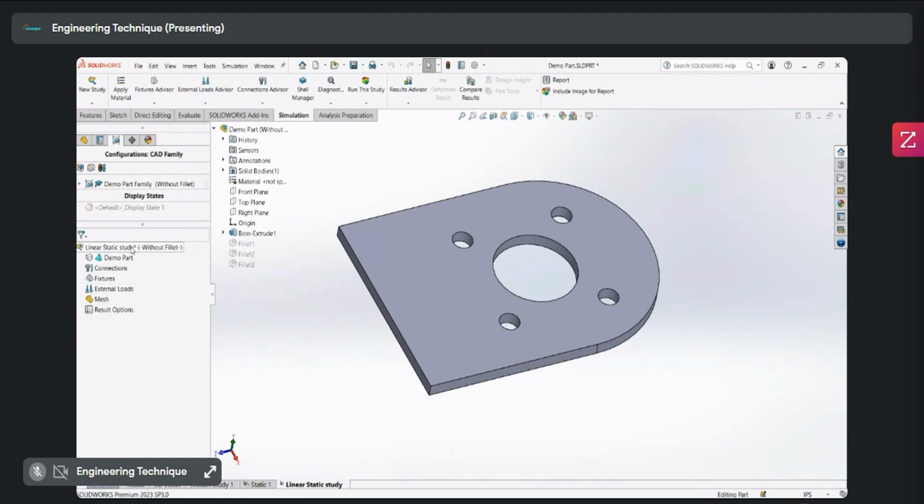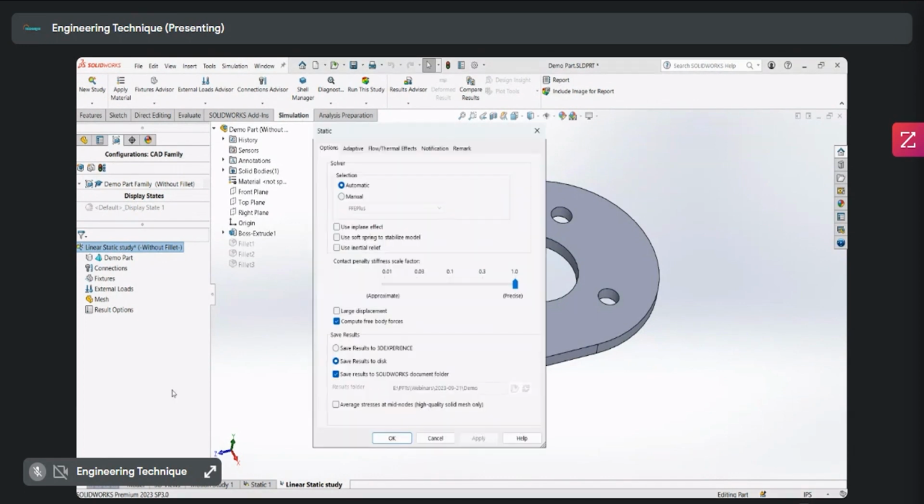Now you can see here the configuration is without the fillet. Now what we need to do is provide the various properties of this study. You can see here the solver is considered direct automatically. You can use a manual solver according to the simulation environment.